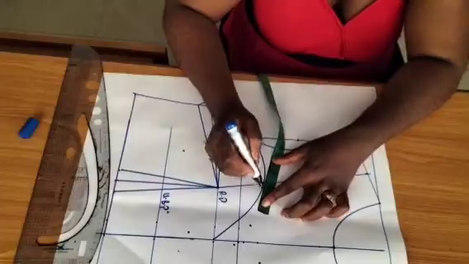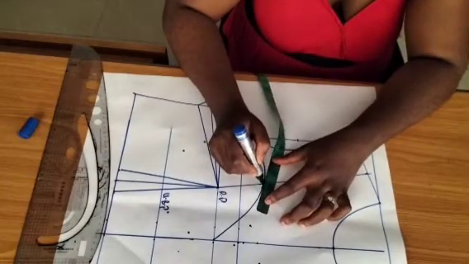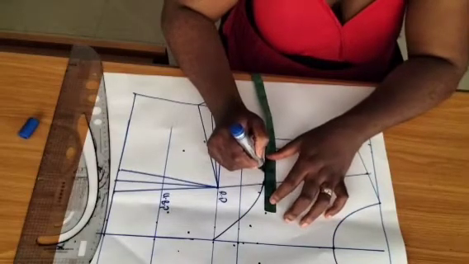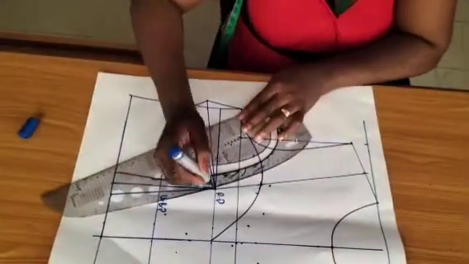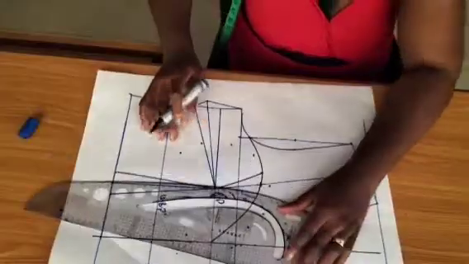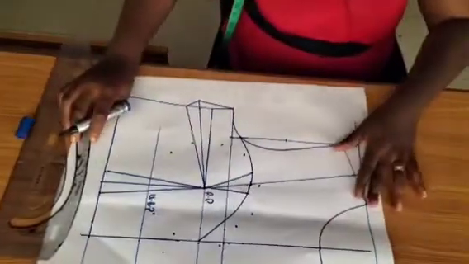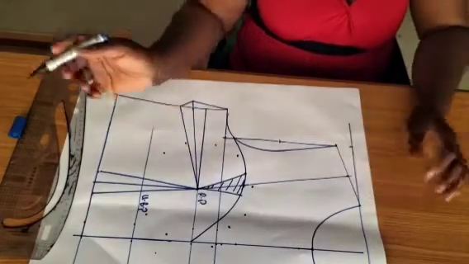I'm going to find from this line to this line. I'll go in by 0.75 for bust contouring, and from here by 0.5 for bust contouring, and I'll flip my ruler like this and connect back. So this is the upper bust contouring, which I'm going to cut off.